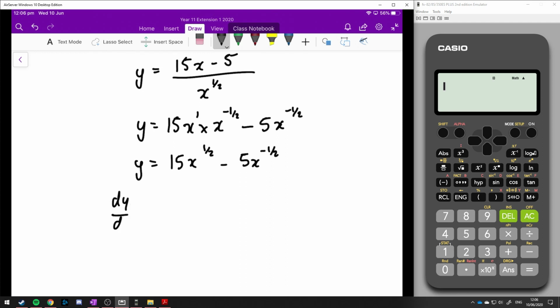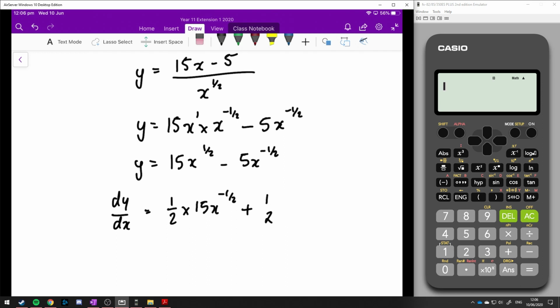Now we need to find our derivative so we can find the horizontal tangents. So dy/dx is equal to, we're going to take the half down the front, times 15x to the negative a half, and we're going to subtract that from, so the negative a half is going to come down, so it's going to become plus a half, and it's going to be 5. I'll just redo that quickly.